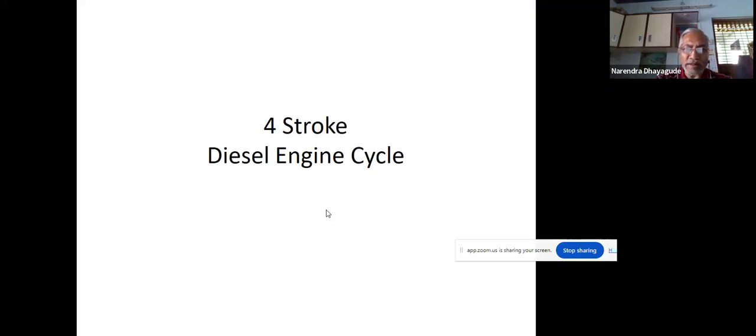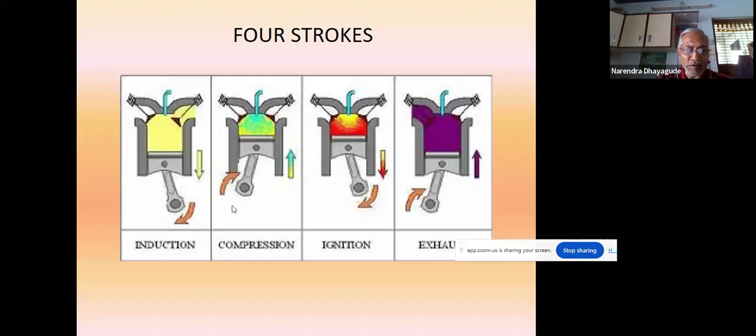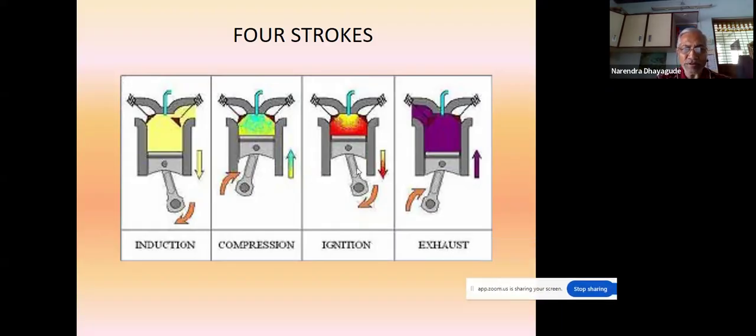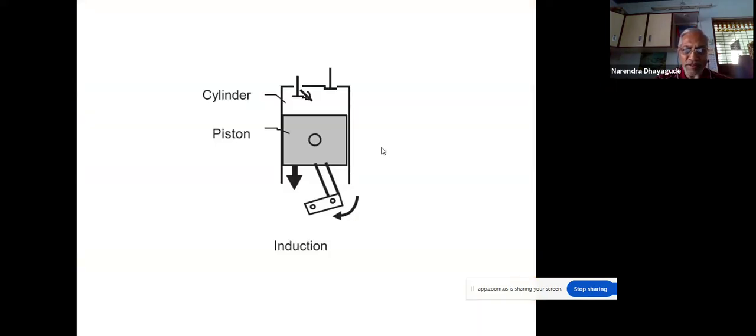Now in the four-stroke diesel engine cycle, why do we call it four-stroke? There are four movements happening successively in any diesel engine. First is induction, second is compression, third is ignition, and fourth is exhaust. That's why it is called four-stroke. The valves are controlled by the camshaft. In the induction stroke, the air is taken inside.